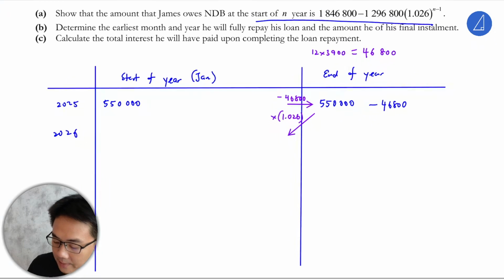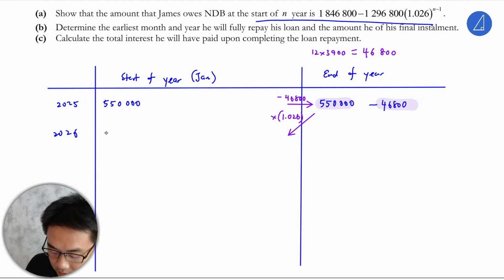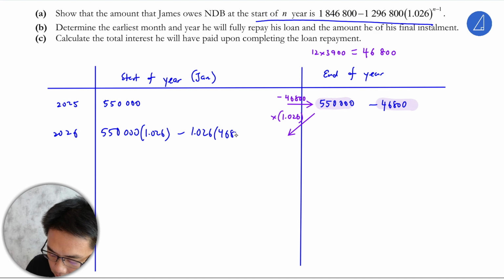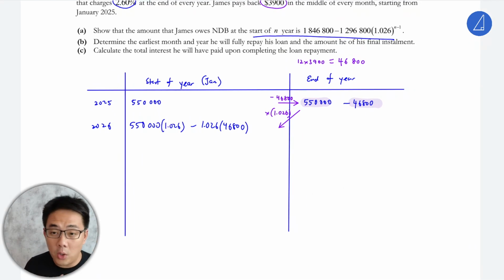Then once this is done, when we multiply, remember to distribute to both terms, not just one. So this case will be 550,000 multiplied by 1.026 minus 46800 multiplied by 1.026. So at the start of the second year, this is the amount that you owe to the bank.